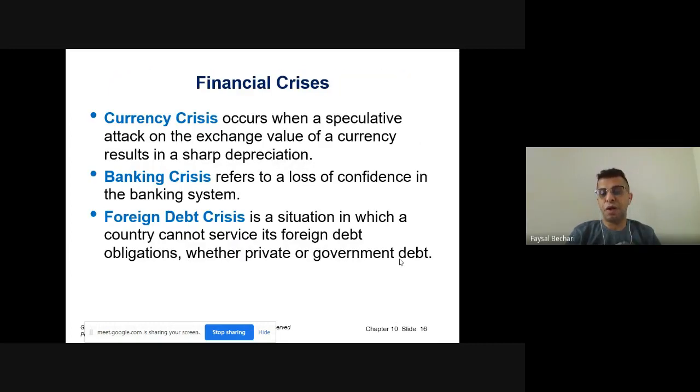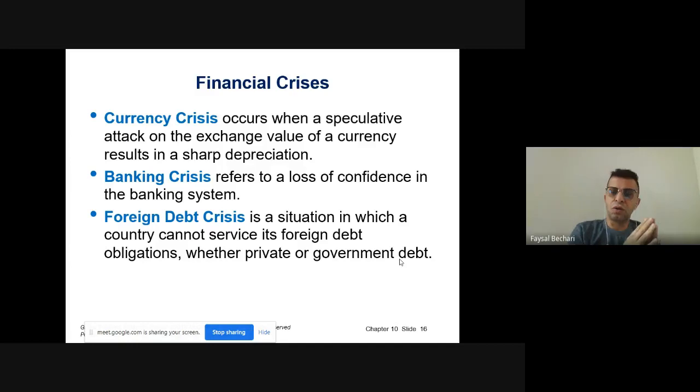Now, there is a different type of financial crisis. There is what you call a currency crisis, which occurs when a prospective attack on the exchange value of a currency results in a sharp depreciation. Like what's happening in some countries like Venezuela and Iran, there is an attack on their currencies and a sharp depreciation in their currency.